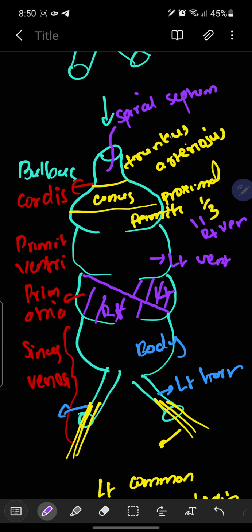The spiral septum in truncus arteriosus will develop into aorta and pulmonary trunk.